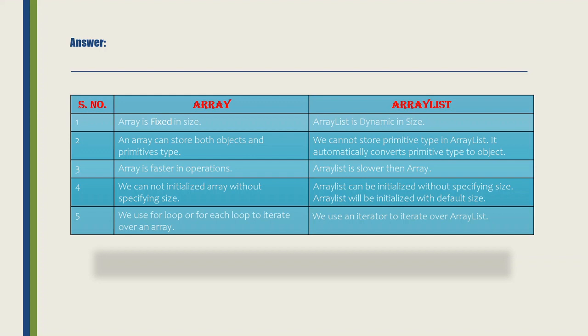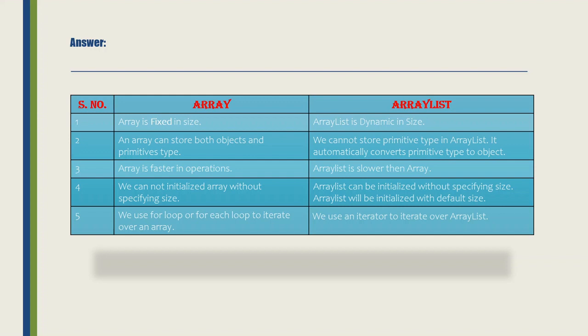An array can store both objects and primitive types, whereas we cannot store primitive types in array list. If you have tried it in the IDE, you would see we cannot add int or double or long in the array list initialization. We can store the integer wrapper class or the double wrapper class and other wrapper classes into the array list.